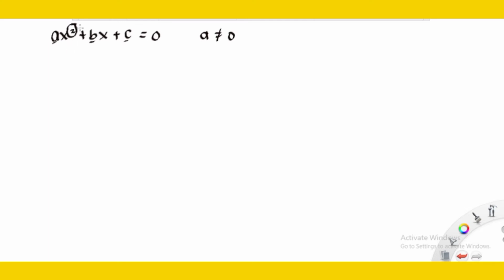Now, let's talk about quadratic inequality. Quadratic inequality is just the same. The only difference with quadratic equation is the symbol used. So in quadratic inequality, instead of using an equal sign, we will be using the inequality symbols.